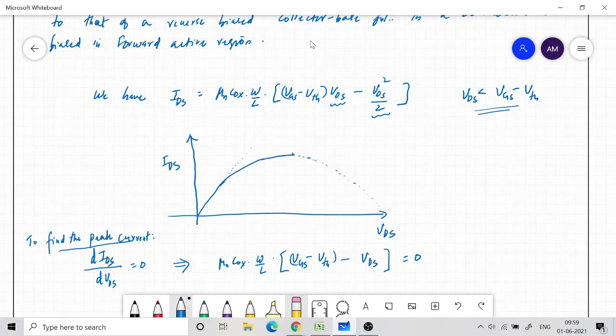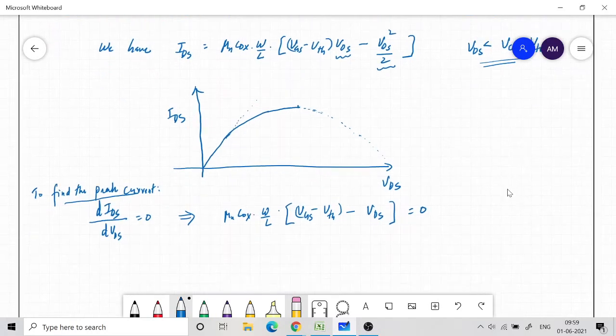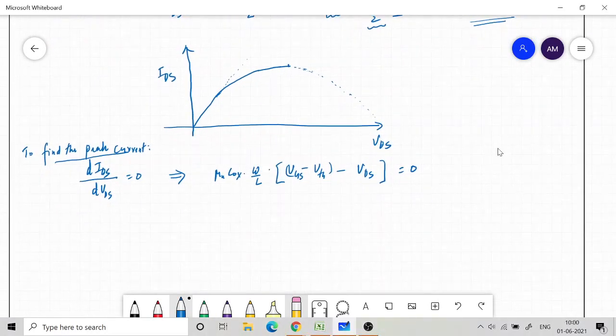So this will be equal to 0. These are constants, so they cannot be 0. So the other term in the bracket has to be 0, which means that VDS should be equal to VGS minus VTH. Okay, so this is the condition for pinch off.